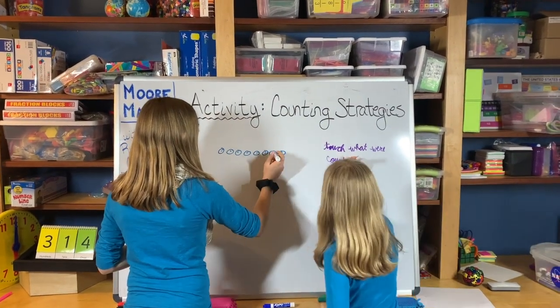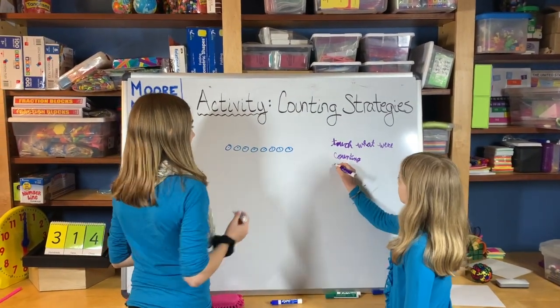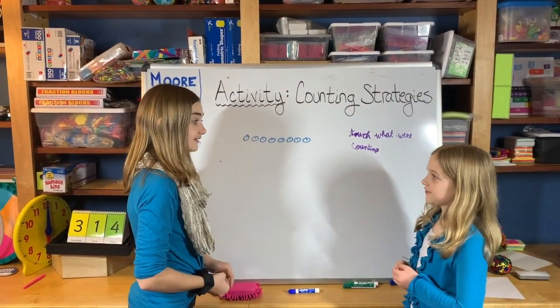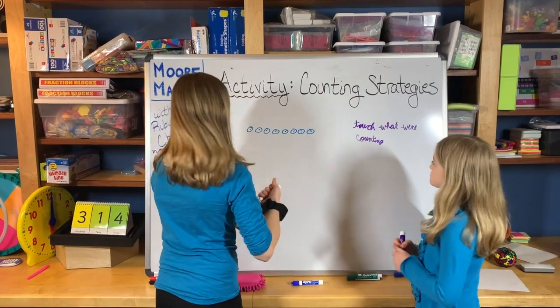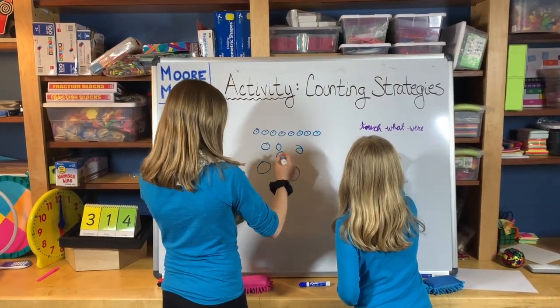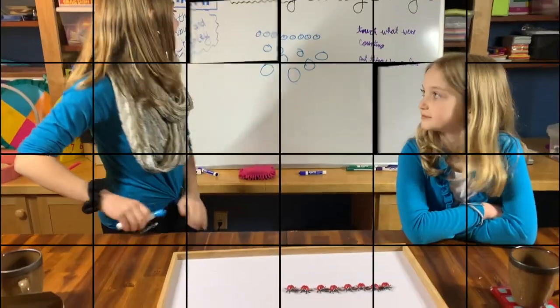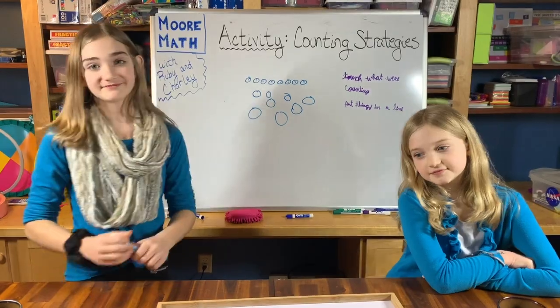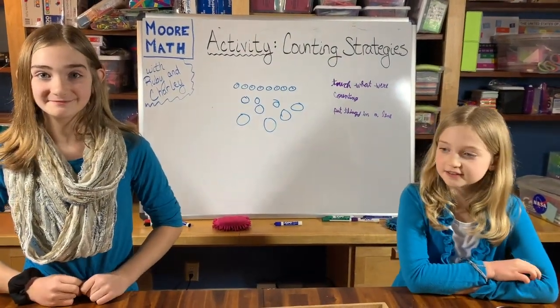We touched everyone so that we know that we'd gotten to all of them. Our other strategy was to put things in a line. If they're jumbled, then they won't really do you any good. By putting them in a line, you can see exactly where everyone is. On to the next one.